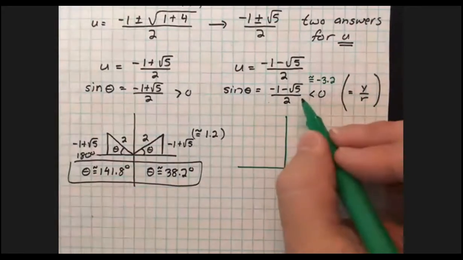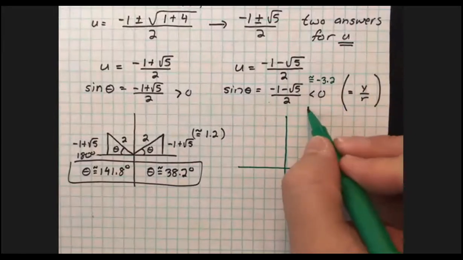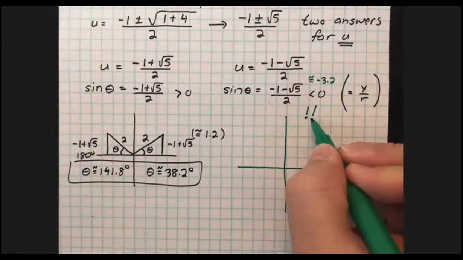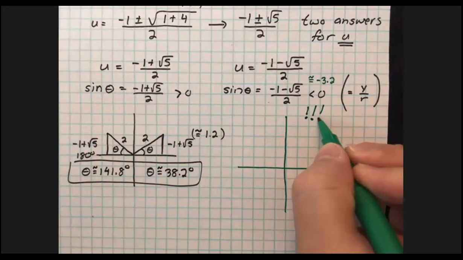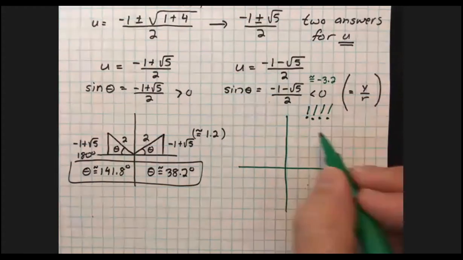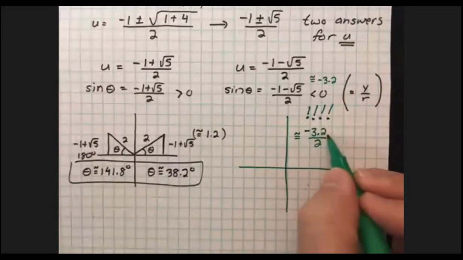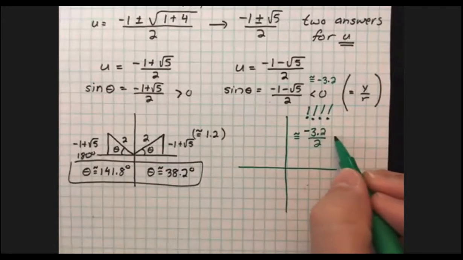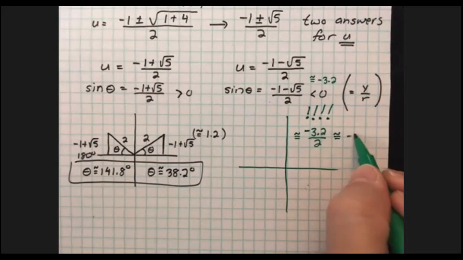And then I'm in serious trouble. So this is a good problem. Why am I in trouble? -3.2 divided by 2, about, even if it's only an approximation, this is about -1.6.